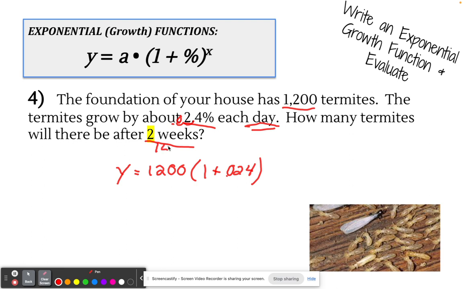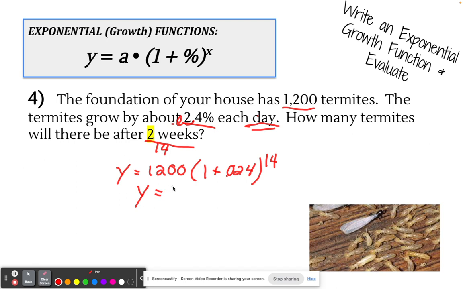You have to match your time periods. This is 14 time periods because it's growing at 2.4% each day. So if this is days, this has to be days, and 2 weeks is 14 days. So let's find how many termites we have now.